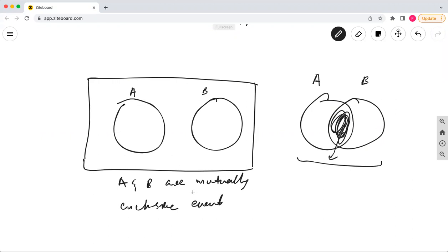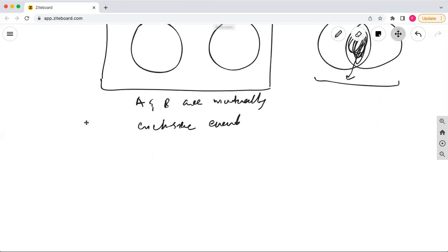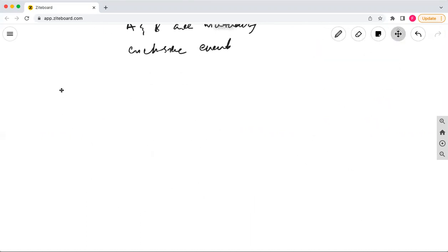Okay, just to give you an idea, consider the case of a dice. I'm trying to make things a bit simple so that every one of you can understand what is actually happening here.